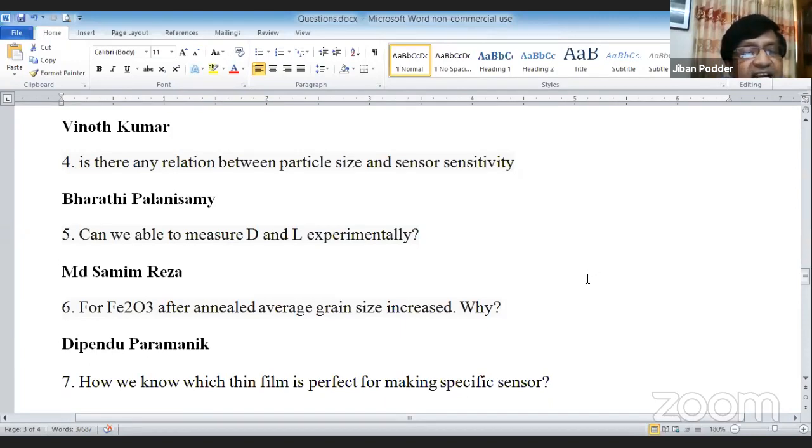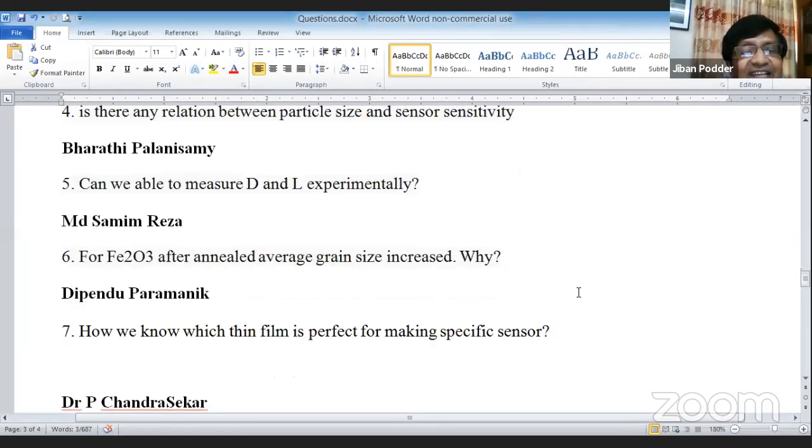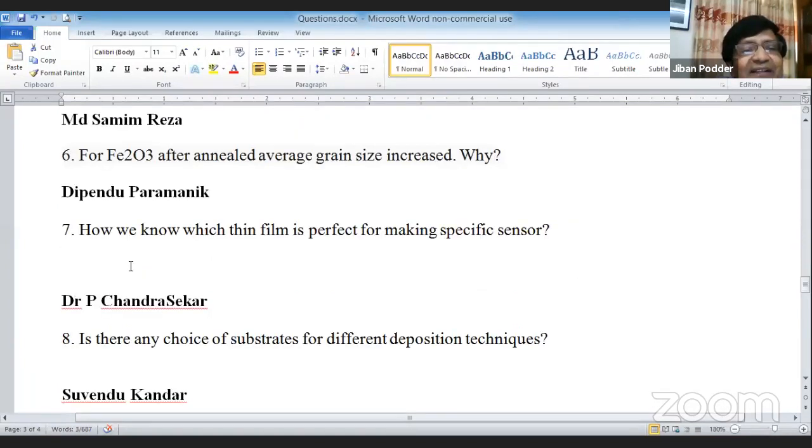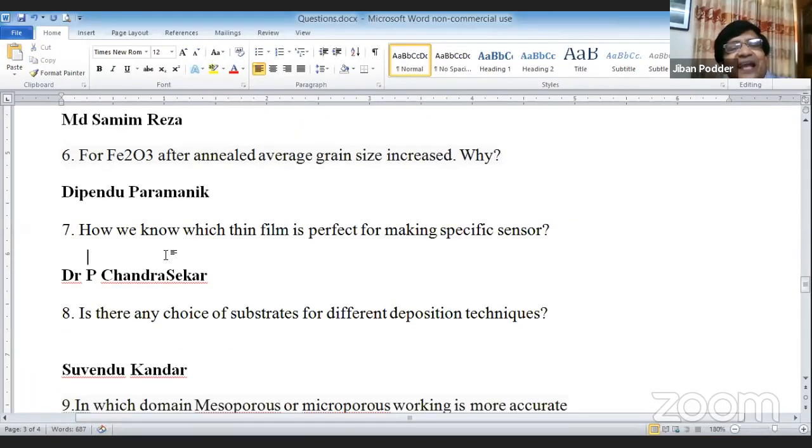For iron oxide, after annealing, the average grain size is increased. That depends on the thermal reaction that takes place.